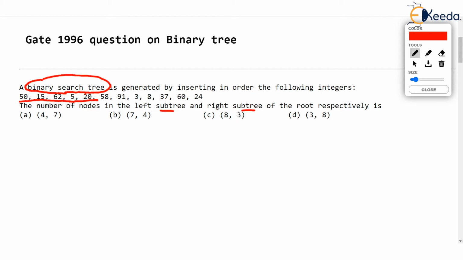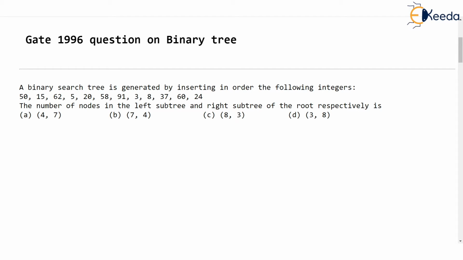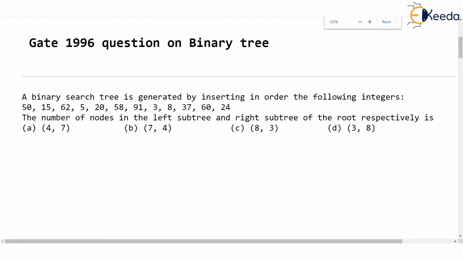Take the first value, 50. I'll increase the font so that you can notice those values. A few things can go out of screen, but don't worry about that. The first value 50 becomes the root because we are inserting in that order. The second value 15 is less than 50, so the lesser value goes to the left of the root. The next value 62 is greater than 50, so it goes to the right of the root. The next value 5 is less than 50.